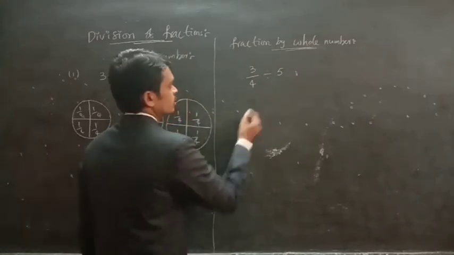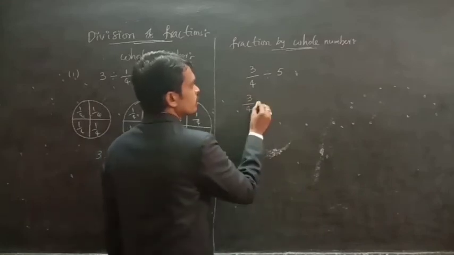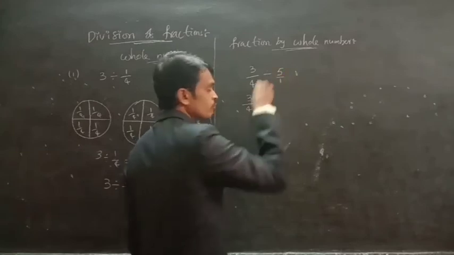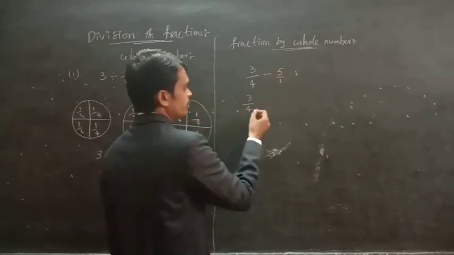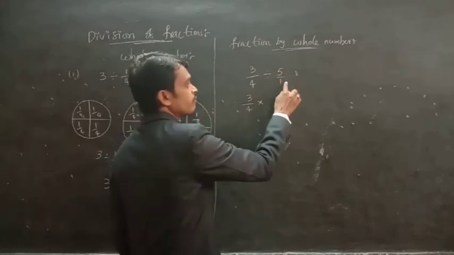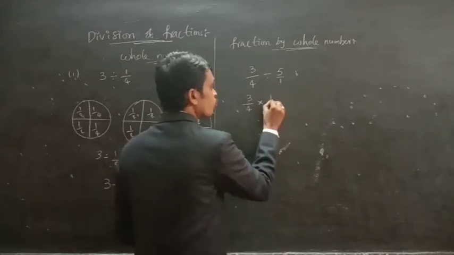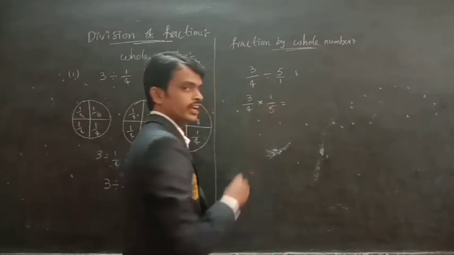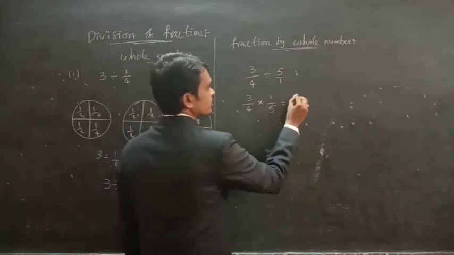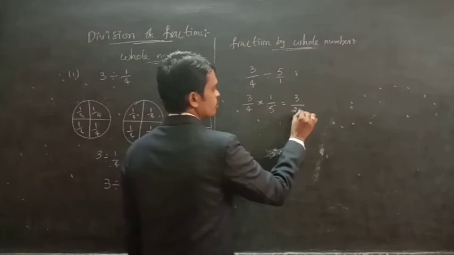The reciprocal of 5, which is 5 by 1, is 1 by 5. Then it will be multiplication. Let us multiply the numerators: 3 ones are 3, and the denominators: 4 fives are 20.